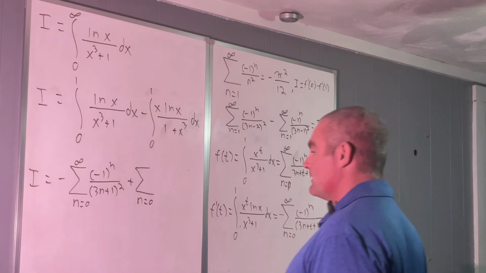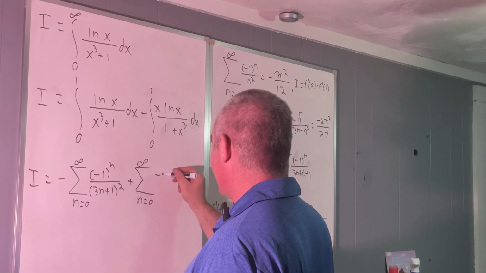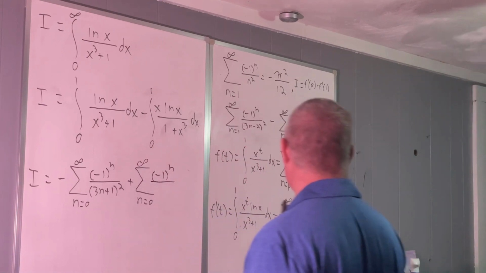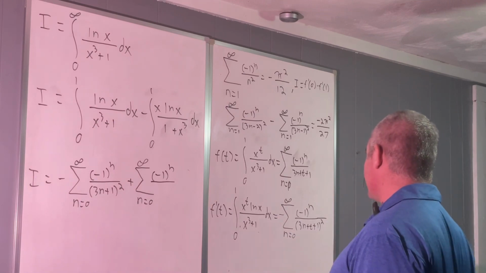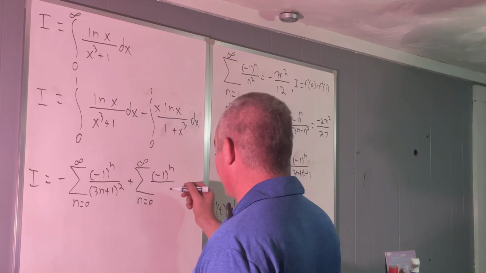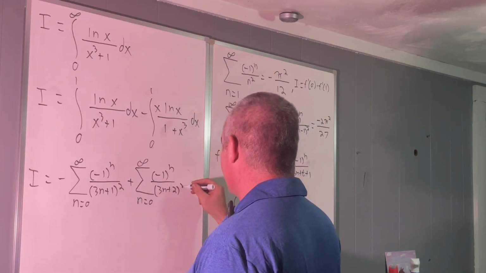So n equals 0 to infinity of negative 1 to the n over, plugging 1 in for our t would give us 3n plus t, 3n plus 2, all squared.